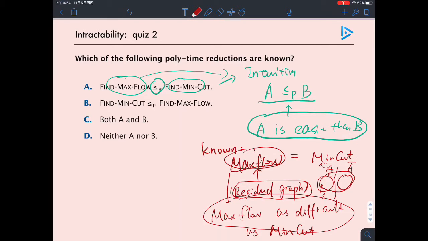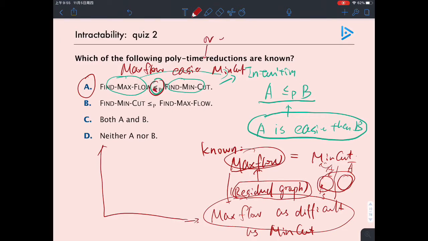Now we can go back to the options and see which ones are correct. The first one says that max flow is easier than min cut, so easier means less than or equal to, easier or equally hard. Because of what we see here, option A is correct.